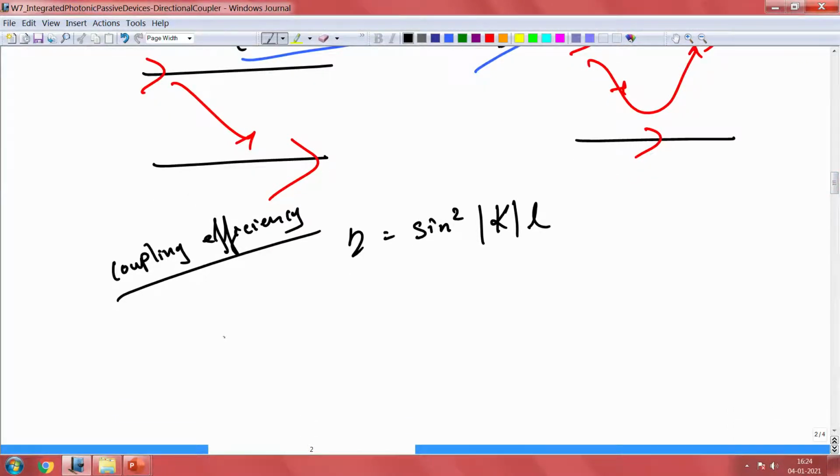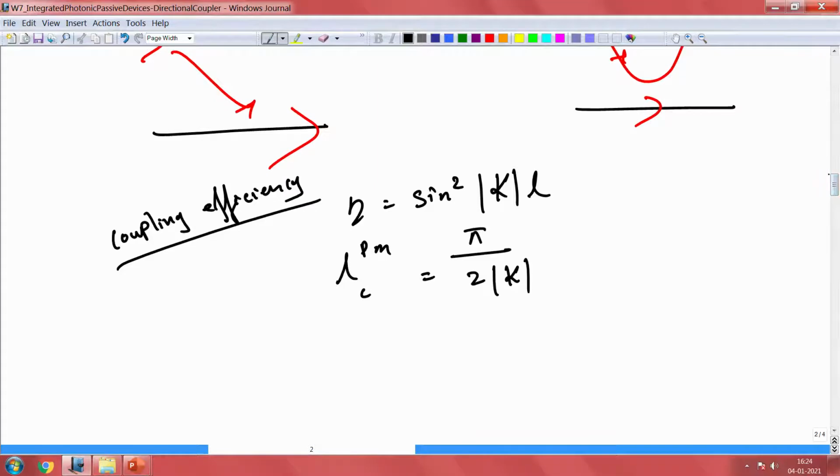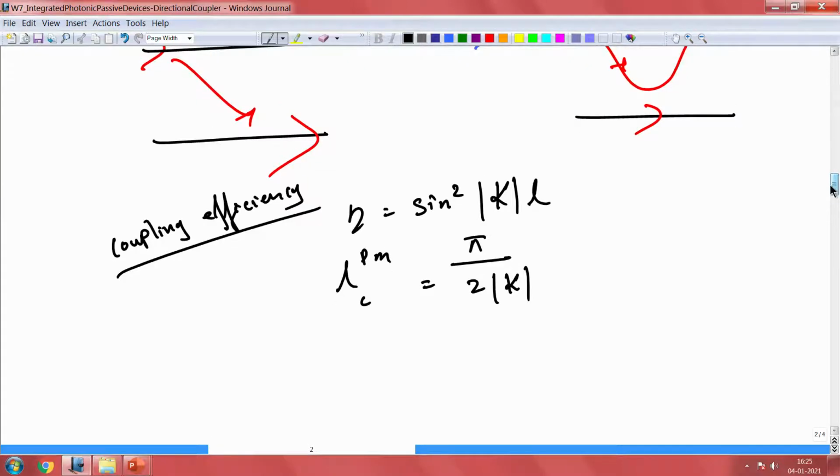The phase matched length L_C^PM is given by pi over 2 kappa. Now we can rearrange these two. Let us say there is a perfect coupling happening, so eta PM implies perfect phase matching, sine squared of kappa L_C^PM.